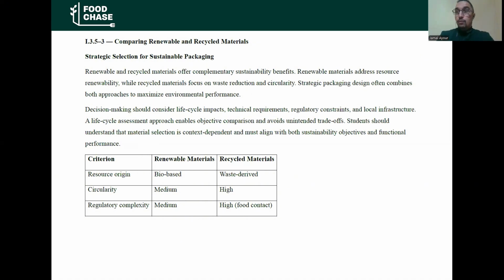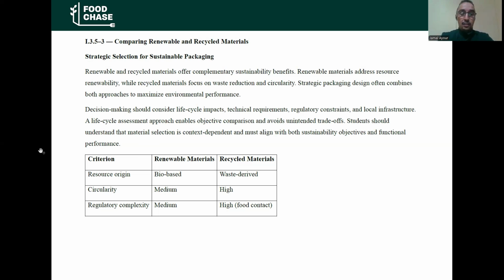So the objective of this course is that students should understand that material selection is context dependent and must align with both sustainability objectives and functional performance. And we will develop this part in the practical section.